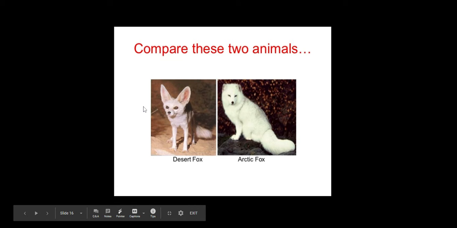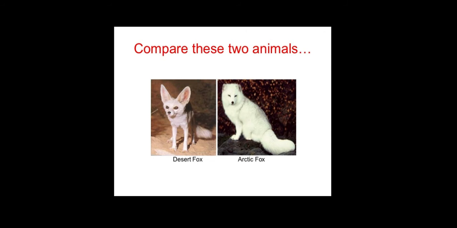And the desert fox, notice he's a lot smaller. He doesn't have as much hair. Why do you think that is? It's what in the desert? Hot. So he needs to be able to what? Maintain a decent temperature so that he can survive. He does not want to overheat. Okay?